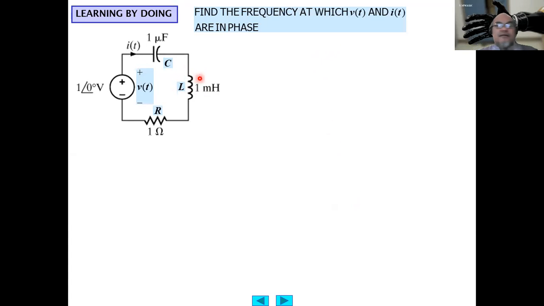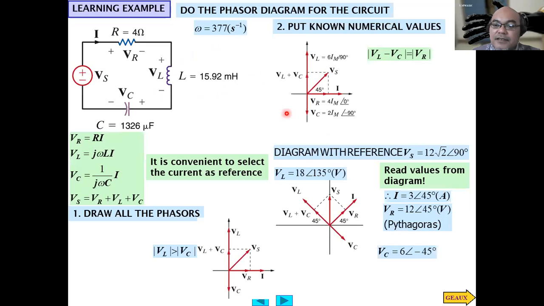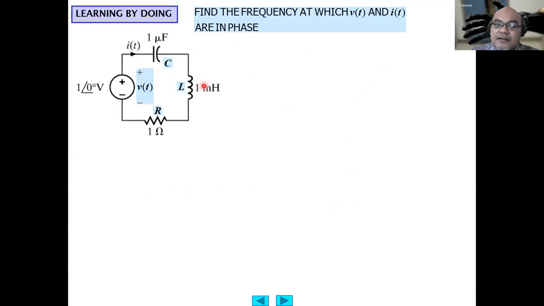Let's do one more example. Find the frequency at which Vt and It are in phase. As we see here, the phase angle is related to the omega value, and omega is related to the frequency. So in this problem, the question asks us to calculate the frequency where Vt and It are in phase.